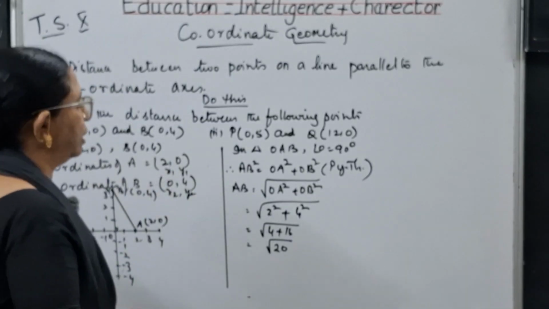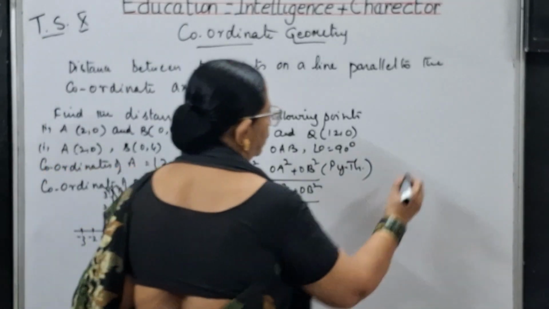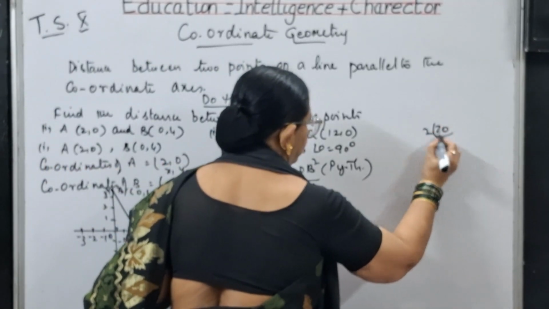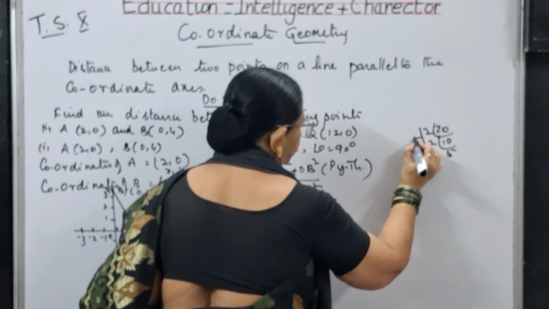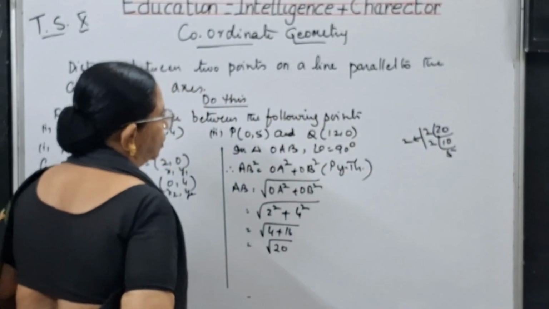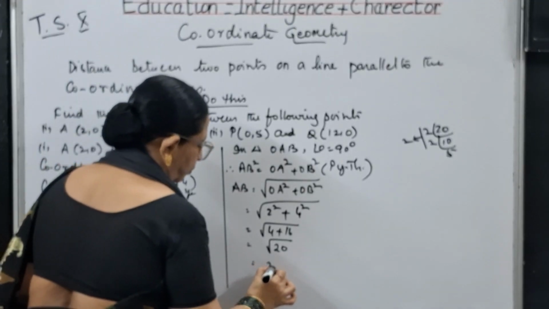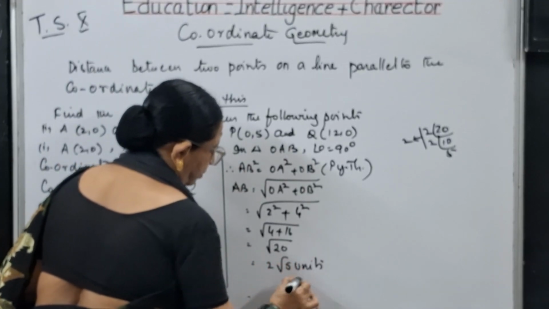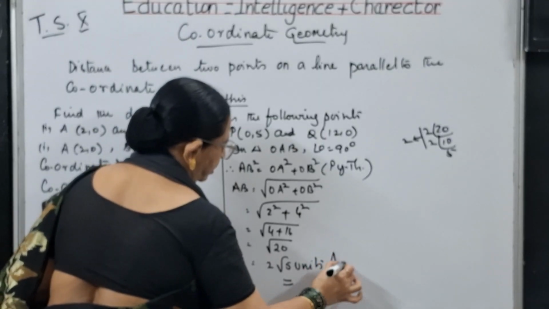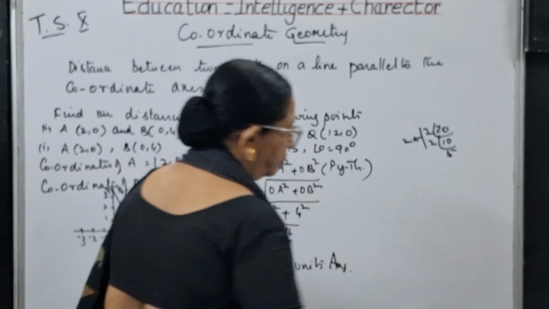So root 20, if you write 20, 2 tens are, 2 fives are... so these two 2's can become 2. So we are getting 2 root 5 units. This is the measure of AB for the first bit, children.